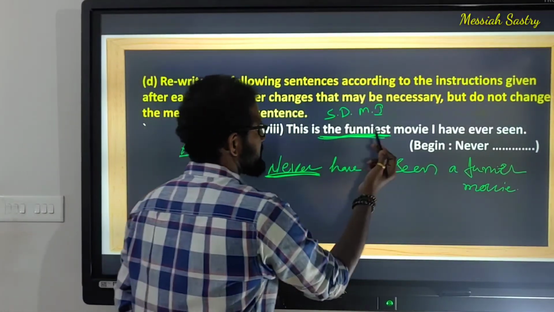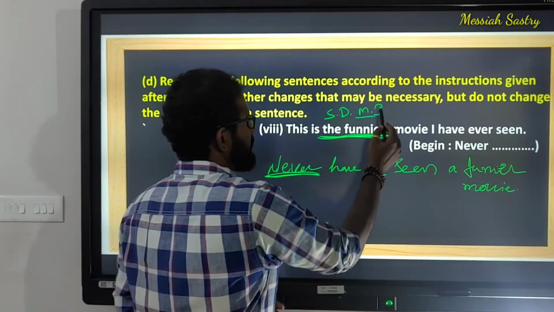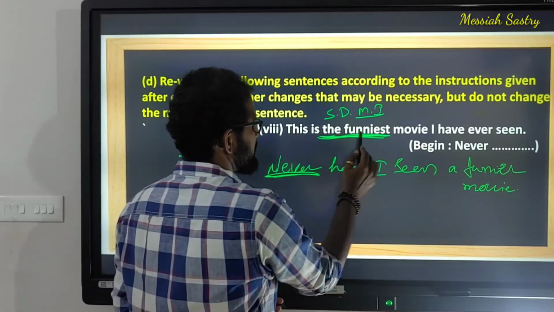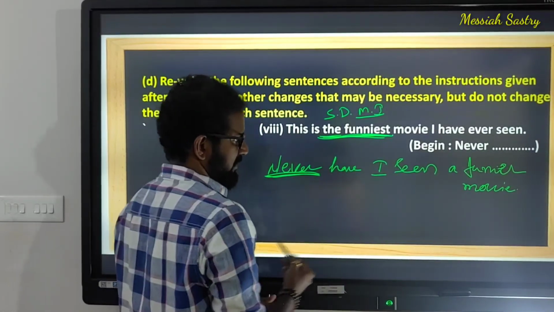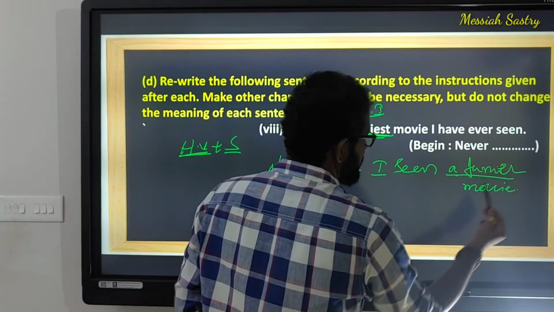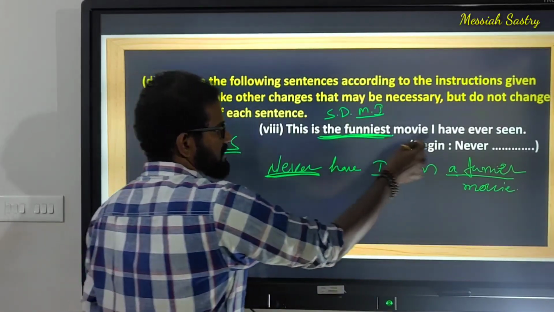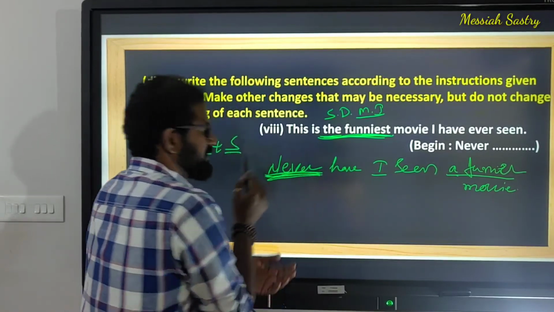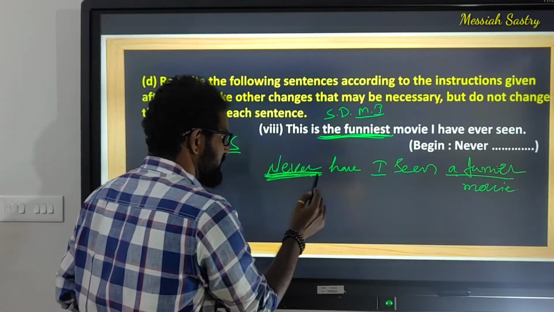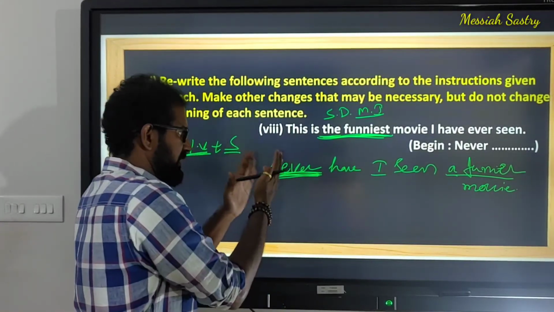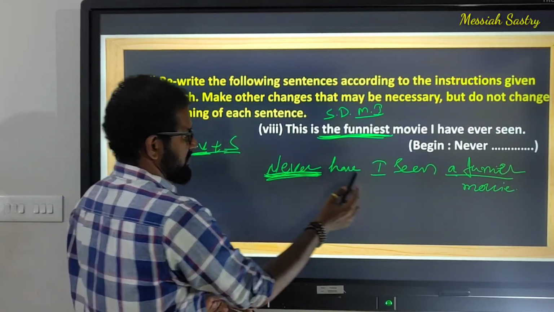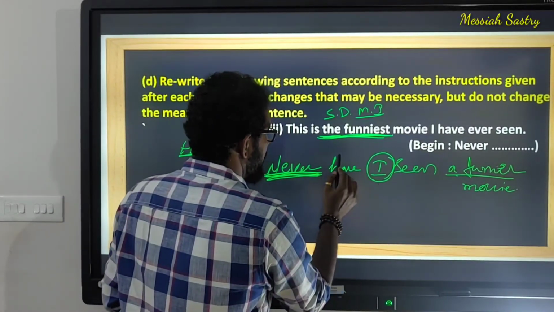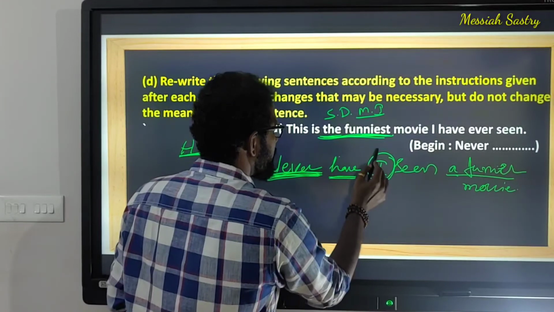So the given sentence is superlative degree, model 1. Now we have to use funnier: funniest, funnier, funny. When you start a sentence using never, keep in mind there must be inversion, which means the helping verb comes before the subject.